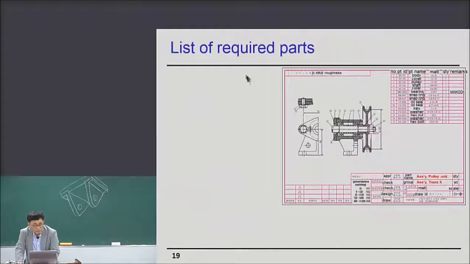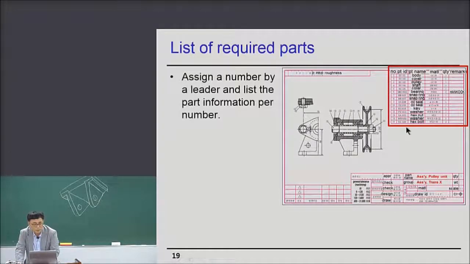Okay, so now the list of required parts is very important in assembly drawing. So this is the list of required parts. So assign a number by a leader and list the part information per number. So for example, number one is attached to the pulley.